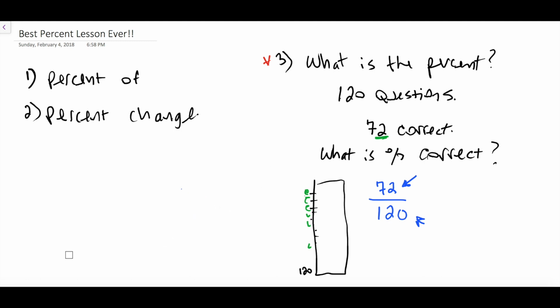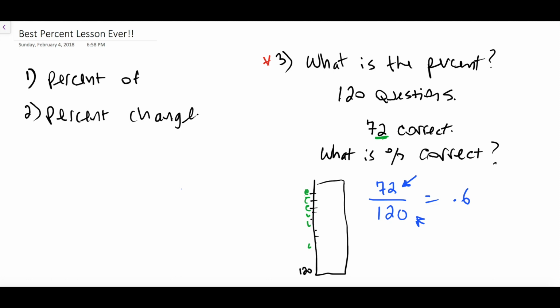So we're going to do 72 out of 120. We're punching the calculator, and we find it to be 0.6. What does that mean? 60%. You got a 60%, or 6 out of 10.